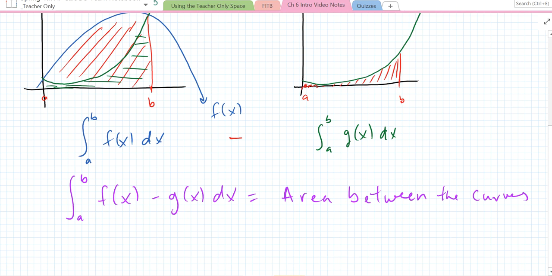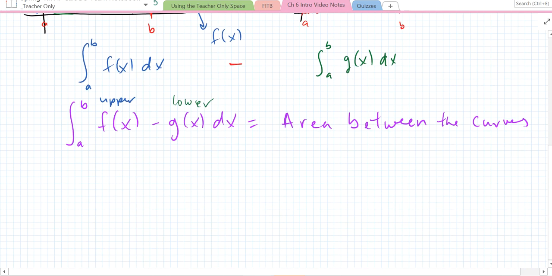And what we did was we subtracted the upper curve. Well, actually, we subtracted the lower curve from the upper curve. So we did upper curve minus lower curve in order to get that area to be positive. And that's exactly how we're going to do it every time.